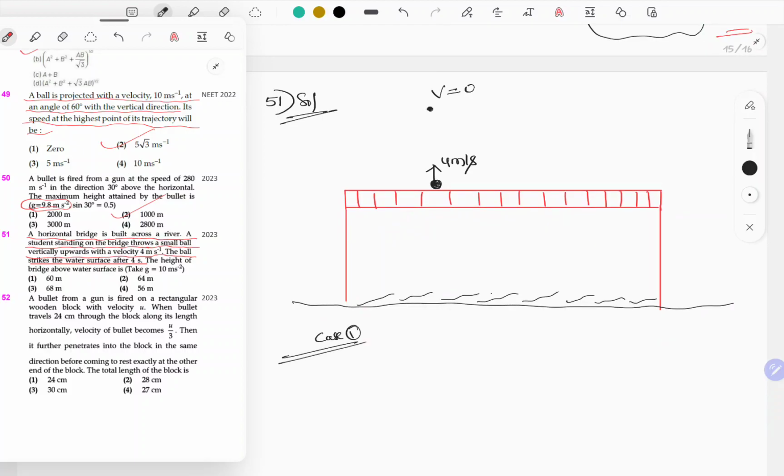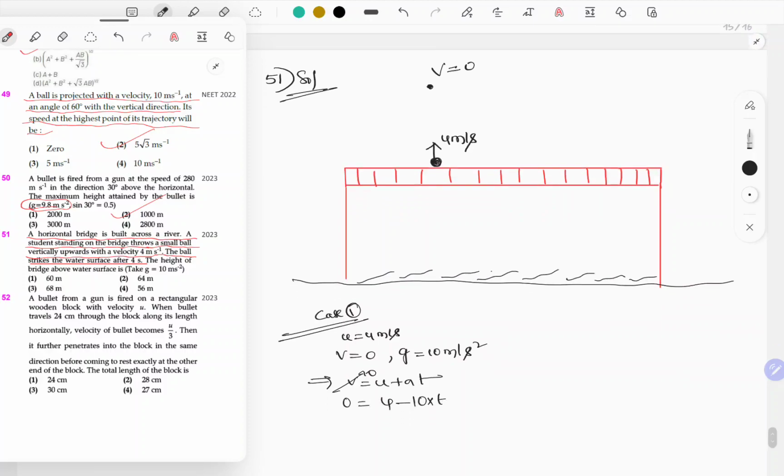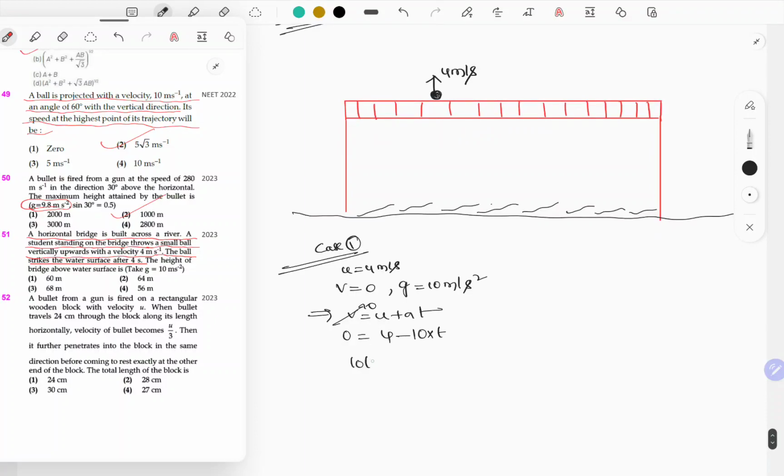In case 1, initial velocity is 4 meter per second, final velocity is 0, acceleration due to gravity is 10 meter per second square, and use v is equal to u plus at. Final velocity is 0, initial velocity is 4, minus 10 into t. So 10 into t is equal to 4, then t is equal to 0.4 seconds.